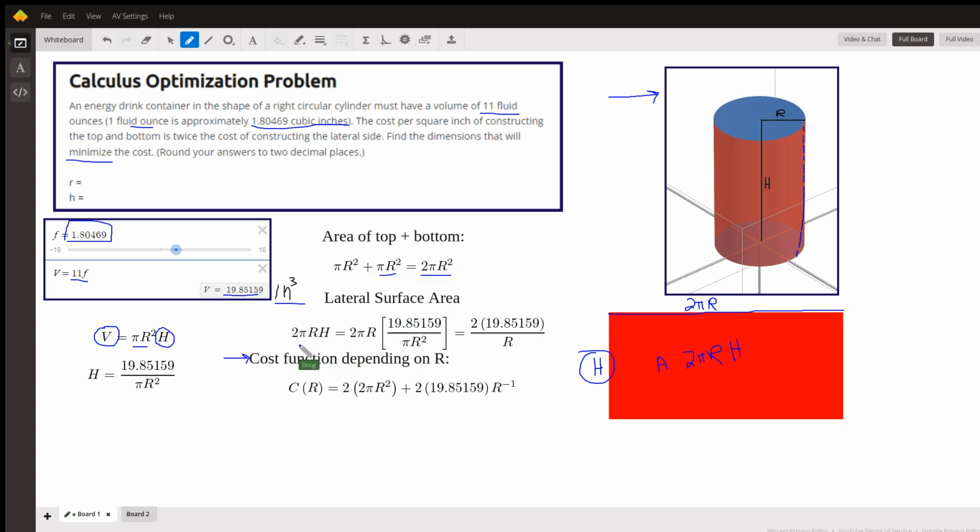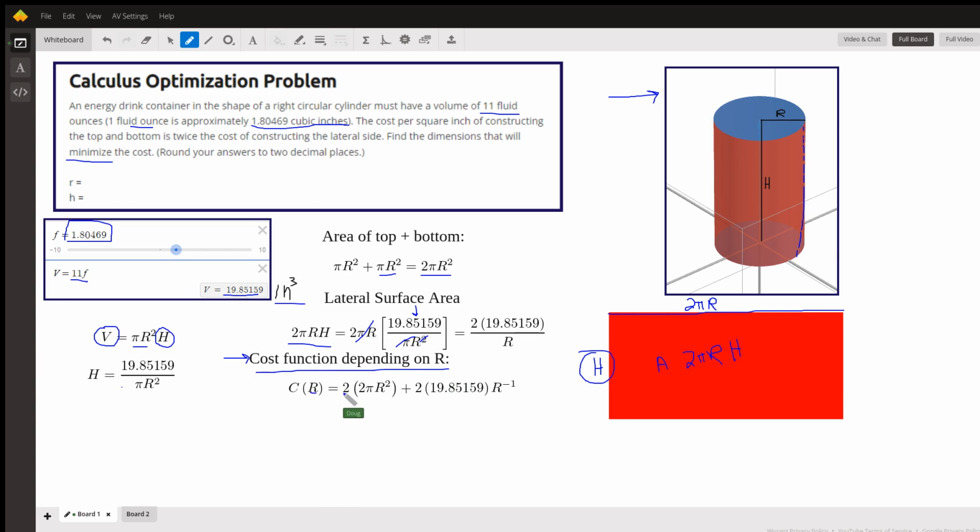So here's the lateral surface area. We're going to replace h with what we found over here. The pi r's cancel out, leaving us 1 factor of r in the denominator. So here's the cost function depending on r. The cost depending on the radius is 2. Where did this 2 come from?